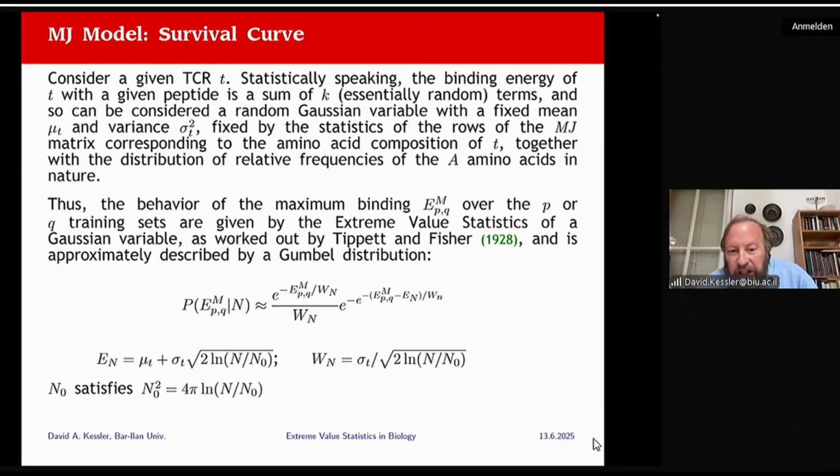So each of the EP and the EQ, the maximum, is given by a Gumbel distribution.